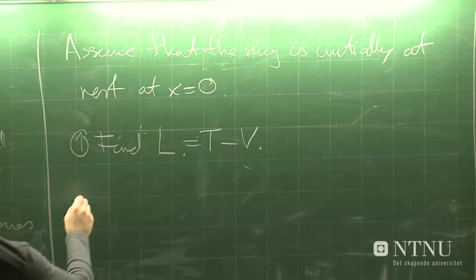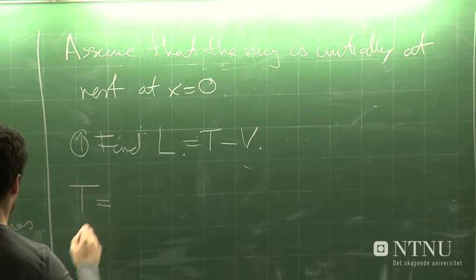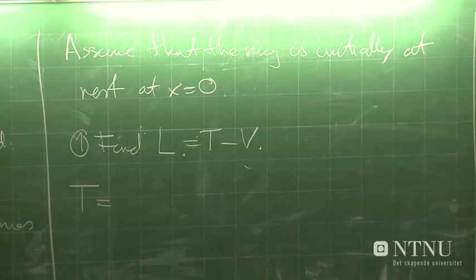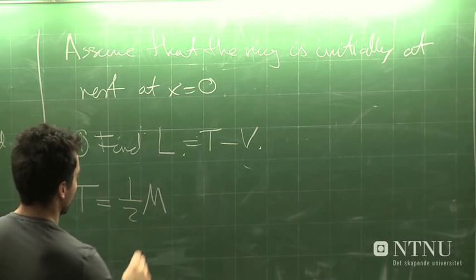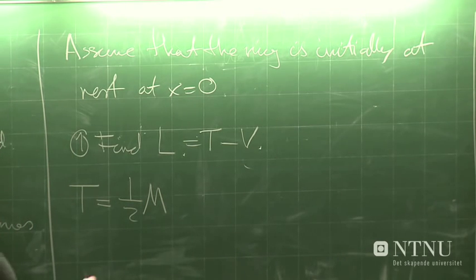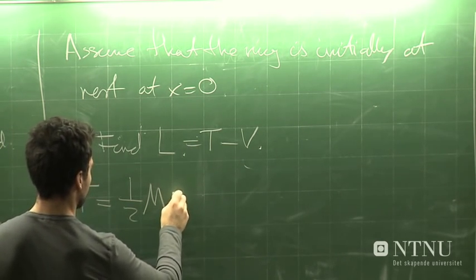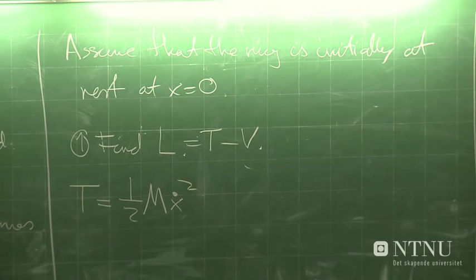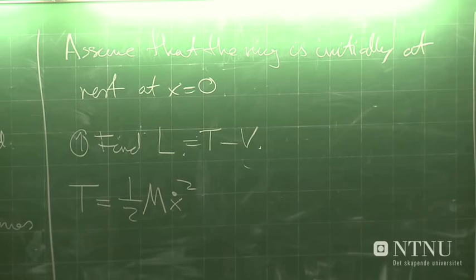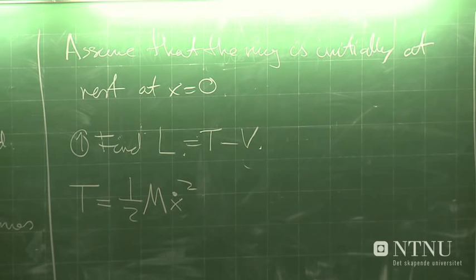Let's start with T. Well, assuming that large M is the mass of this ring, we should at least have something like this. Is that all? No? The angular energy, or the energy in the actual rolling mass.